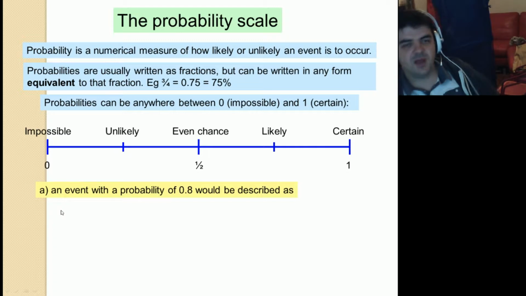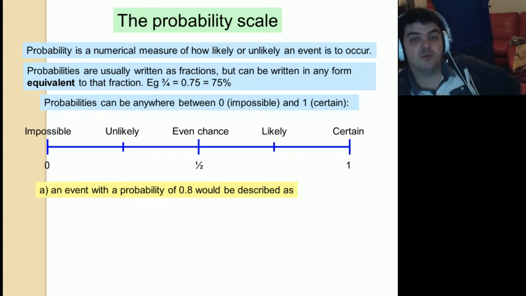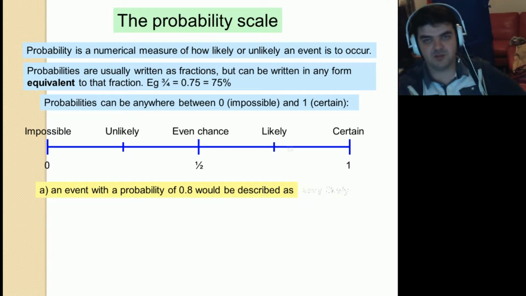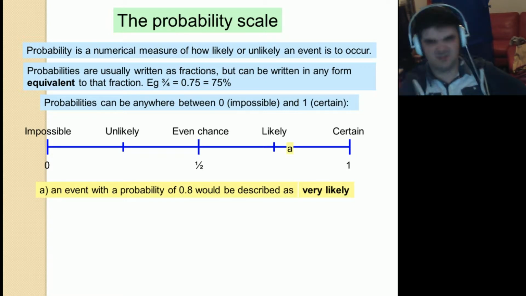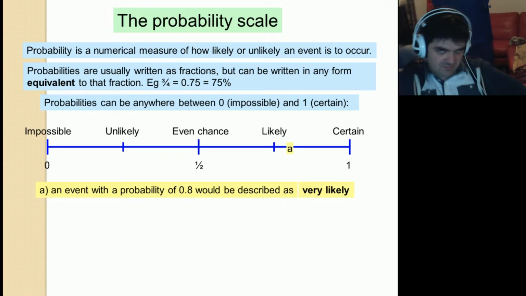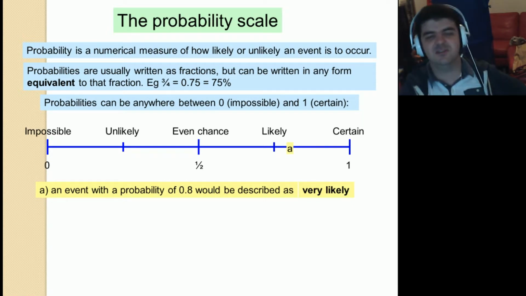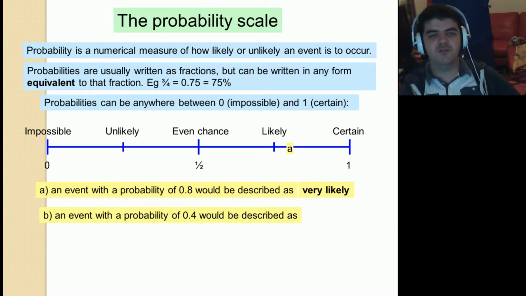So, an event with a probability of 0.8. If I put 0.8 on the scale, it would appear somewhere up there. And we would describe that as very likely, because it's more likely than just likely. It's on the right hand side of that line. What about a probability of 0.4? Well, it's going to be close to even chance, but still on the unlikely side, so we say unlikely.